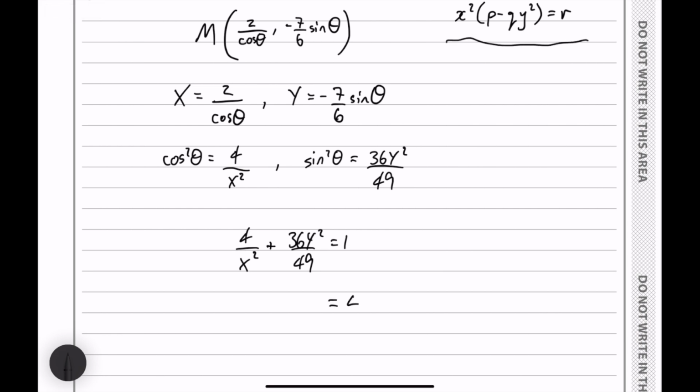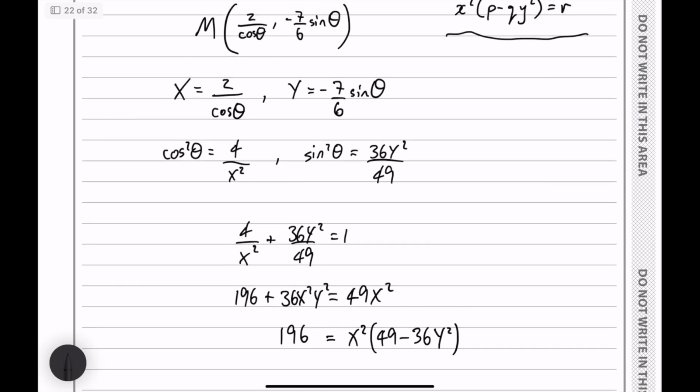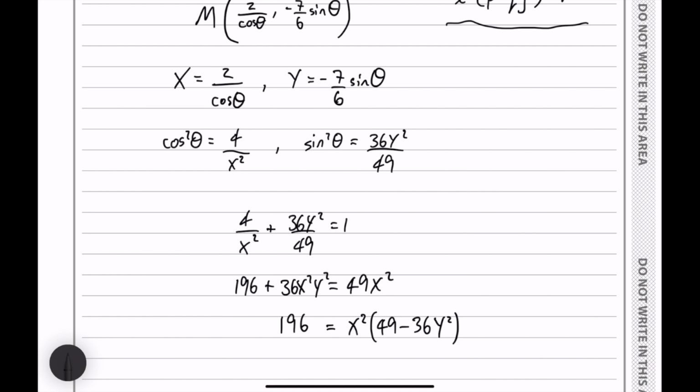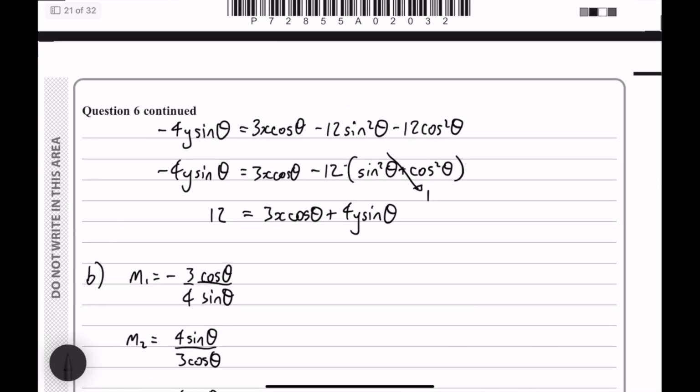Multiply everything by 49x squared, gives us an x squared here, and a 49 times 4 there, and then rearrange and factorize out the x squared, gives us x squared times (49 minus 36y squared) equals 196, and that is in the right format. So r is equal to 196, p is equal to 49, and q, the negative is already in the expression, so q is 36.